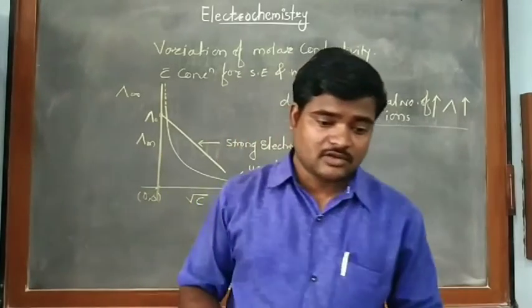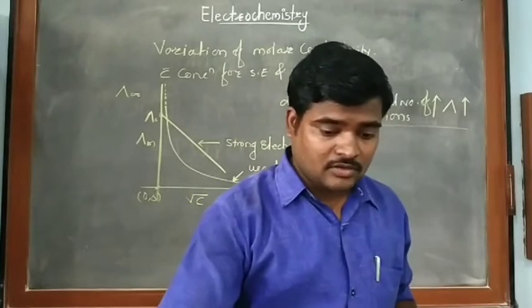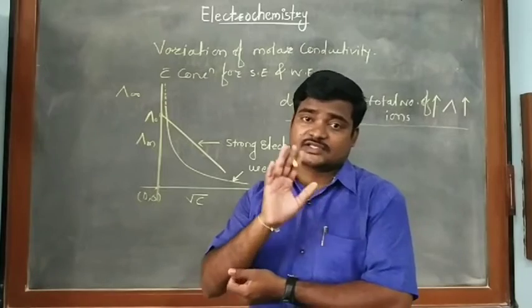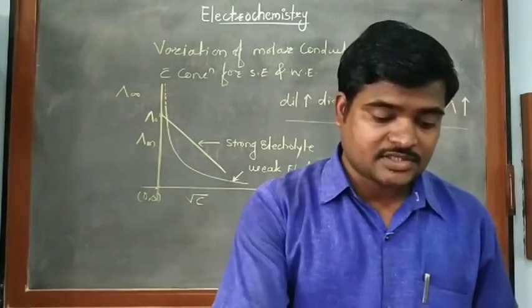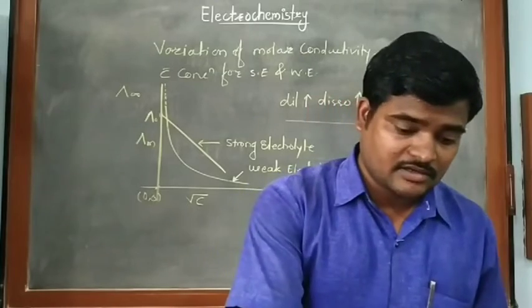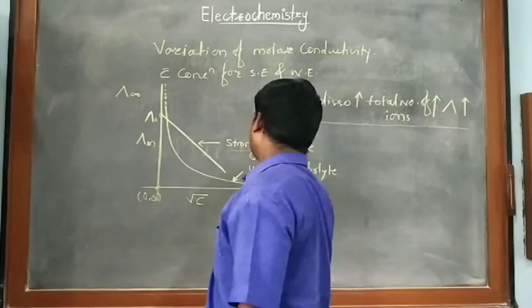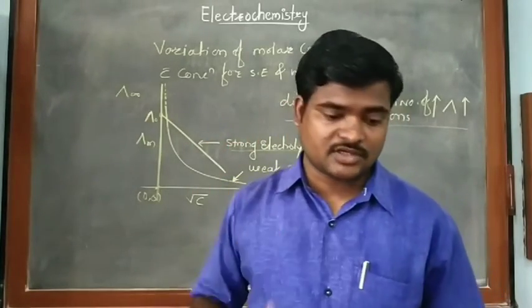This is the reason why it shows exponential nature. The molar conductivity is low and increases slowly at high concentration, whereas for the strong electrolyte it increases rapidly. This is the difference between both the curves.